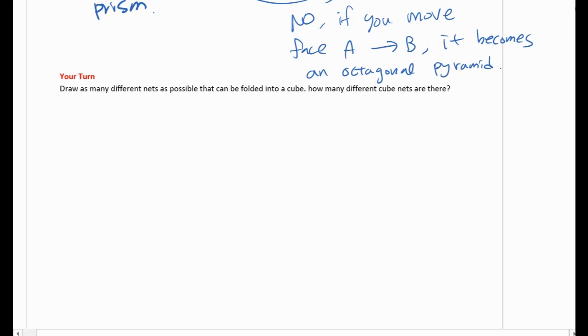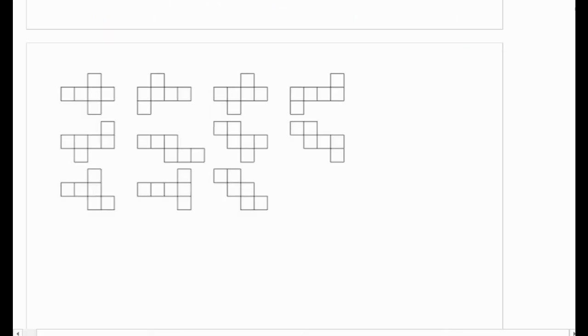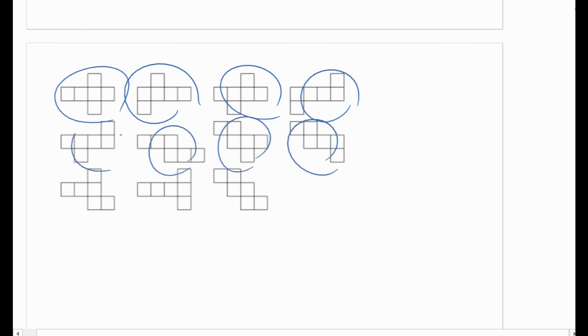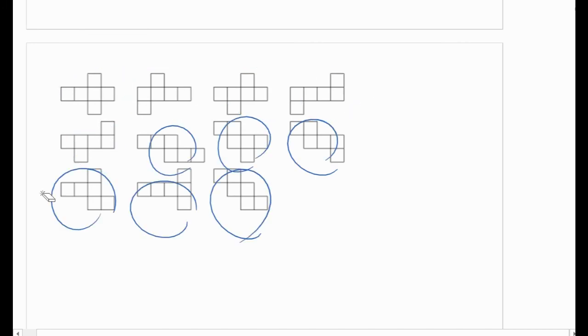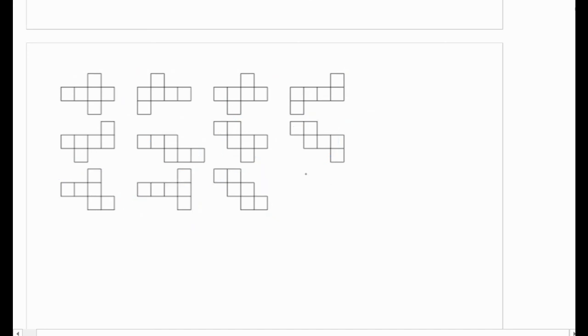Okay, if you found all the nets, there will be 11 nets. Look at this. So there are different nets, right? There are different nets, but if you fold it up, they become a cube.